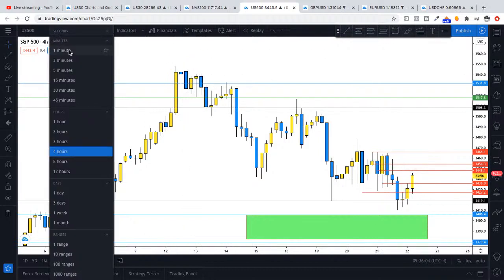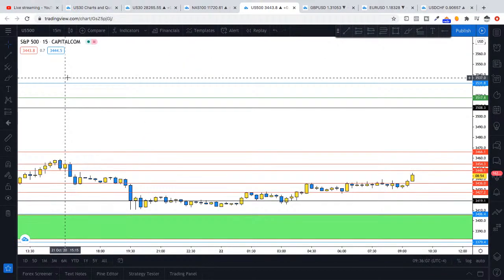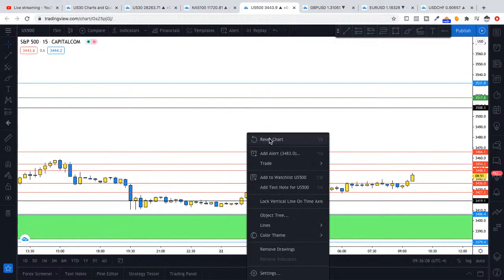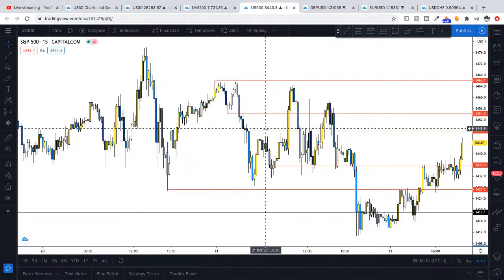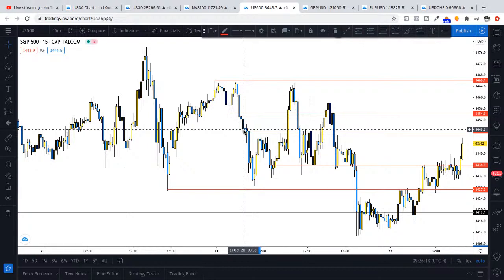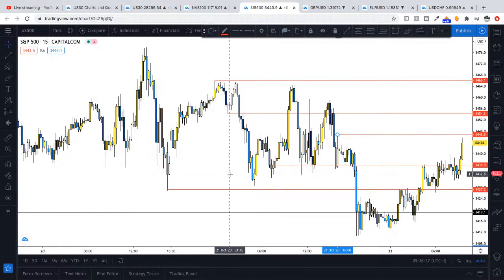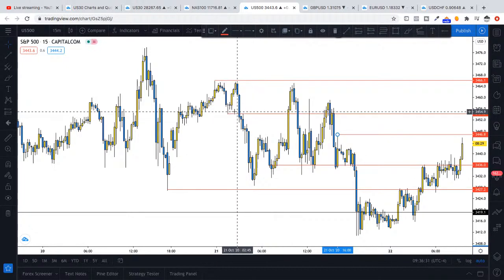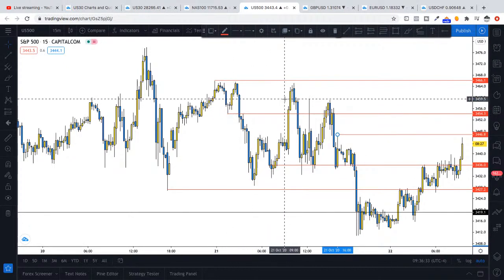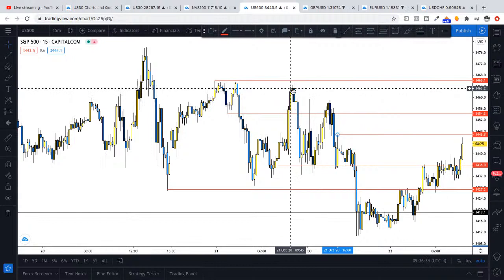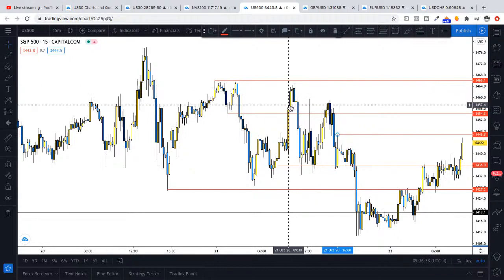Jump back into the 15. Did it hit this zone? No. This is where I was trying to take a short yesterday. I tried to take the short here.